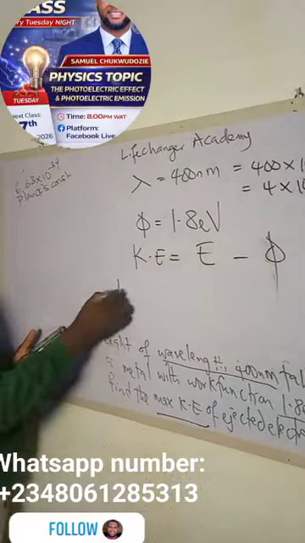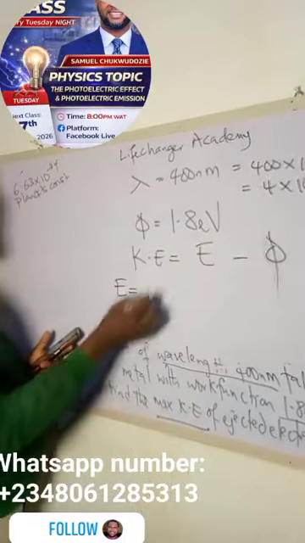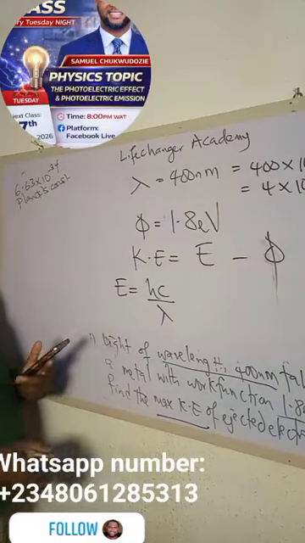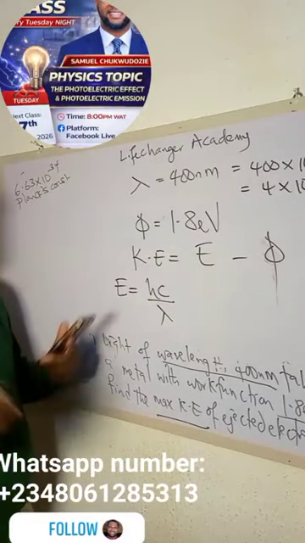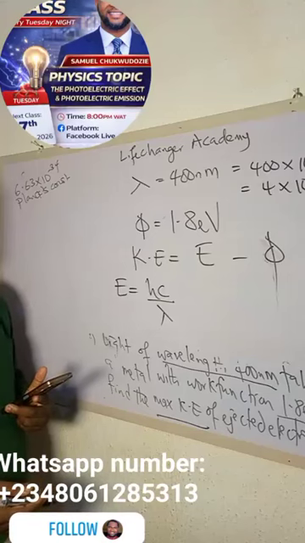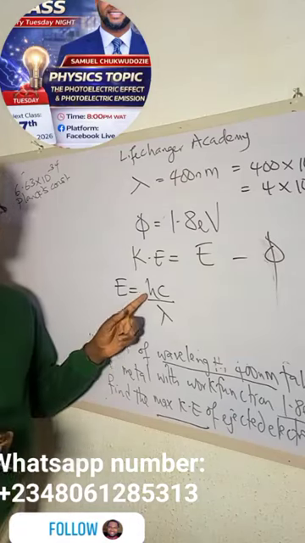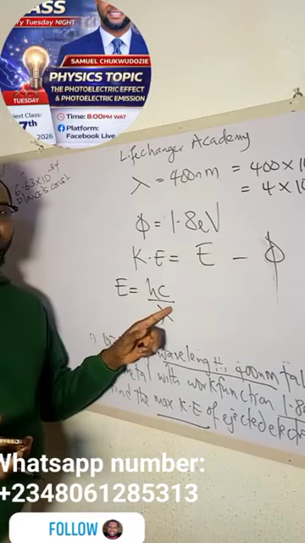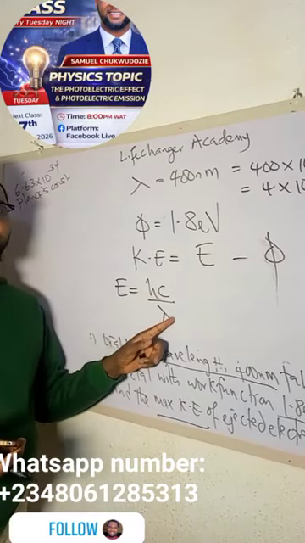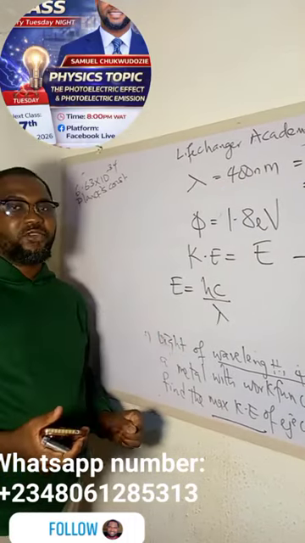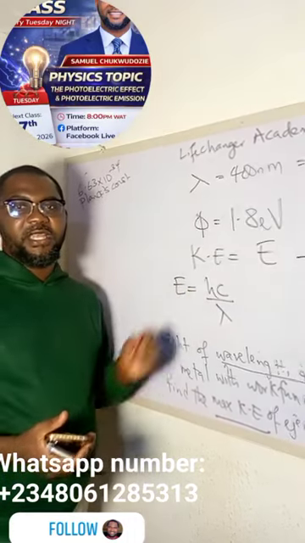So my energy of light, since I'm given wavelength here, I'm going to use the formula hc over lambda to find the energy of light. Straightforward. Now remember, the formula is supposed to be hf. But the reason why I'm not using f is because they did not give me frequency. What they gave us was wavelength. So in that case, I just say hc over lambda.